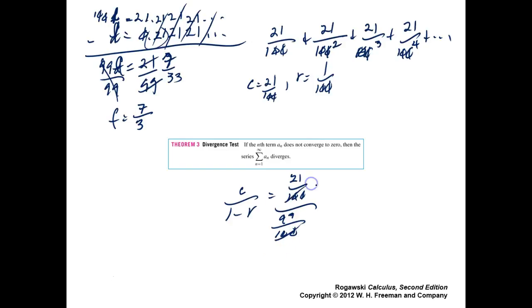The hundreds go out, you get 21/99ths, which again reduces to 7/33. Okay. Same answer. I think the way we did it was actually much easier, but they're trying to get you used to thinking in terms of geometric sequences.